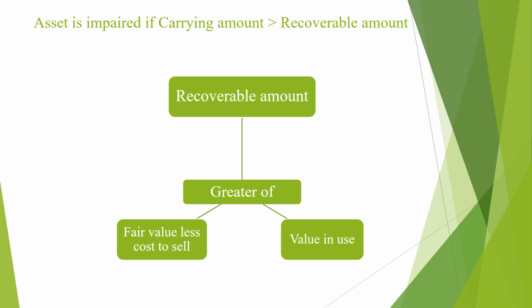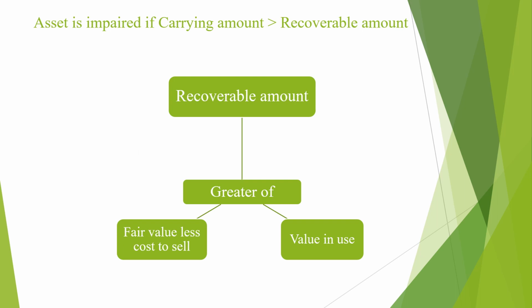Now, when we talk about the recoverable amount, how do we calculate it? The recoverable amount is the greater of fair value less cost to sell or value in use. I repeat, the recoverable amount is the higher of either fair value less cost to sell or value in use.